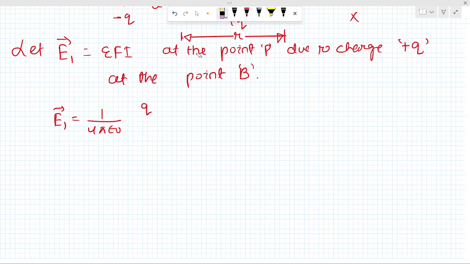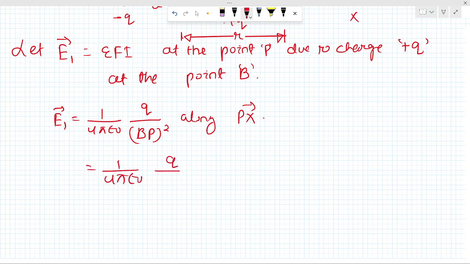becomes BP square along PX, isn't it? So I can write it like this: q divided by r minus a whole square along PX, isn't it?